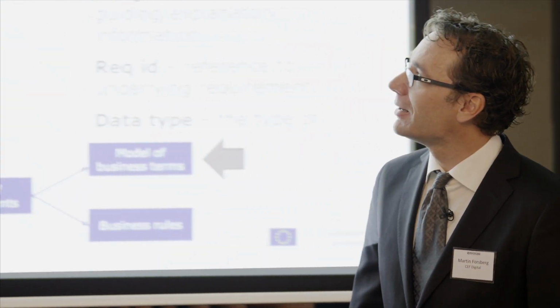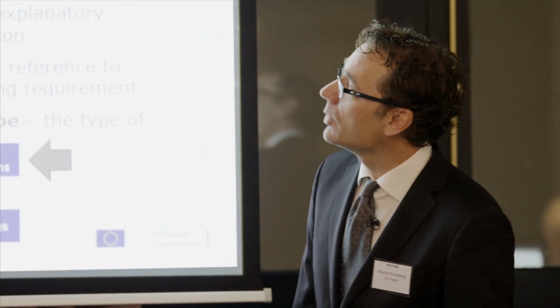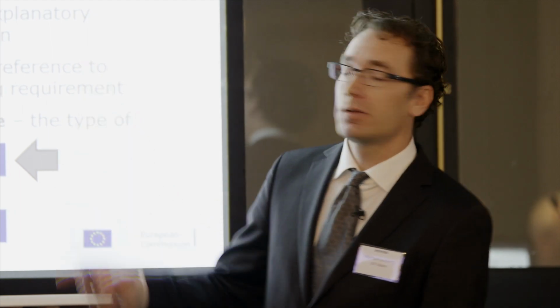So looking at the table with all these business terms in the document, this is the core information of the core standard. You have the invoice number, for example, here with a description and a usage note. It points back to what's the requirement behind this element.